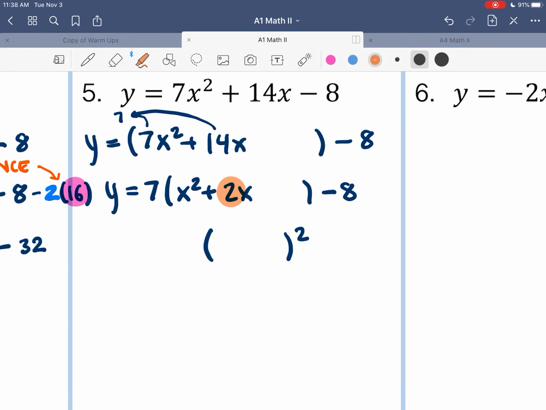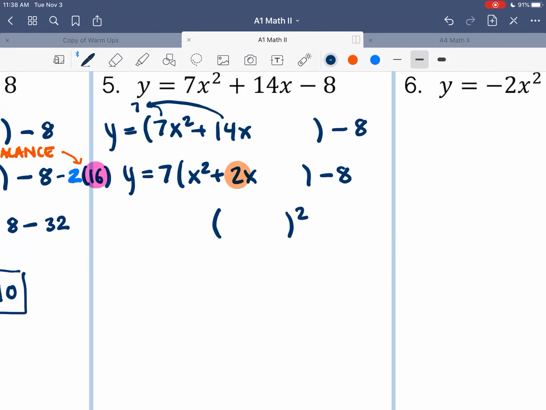So we have our orange number. We divide by 2 and get 1, positive 1, to get our blue number. Nope, that was orange. To get our blue number, and to get our pink, we square 1. 1 squared is just 1. So there's that. I'm going to just color this 7 blue so we can tell.